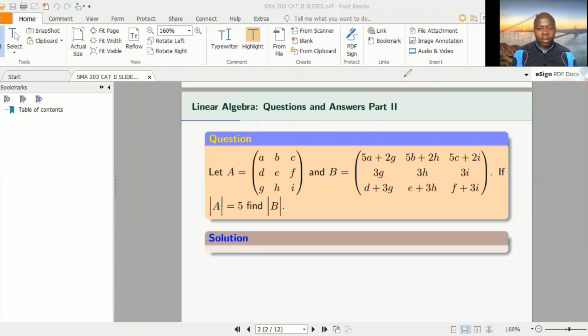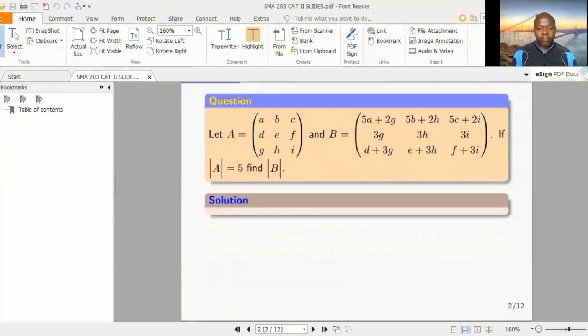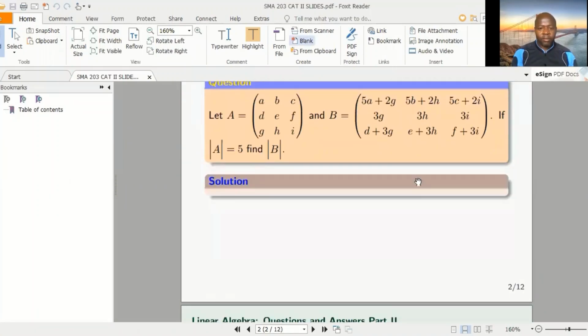So let's just look at what I'm saying we do. Now, B that we're given is, let me just begin by finding the determinant straight away. So the determinant of B will be 5 of A plus 2G, 5 of B plus 2H, 5 of P plus 2I.